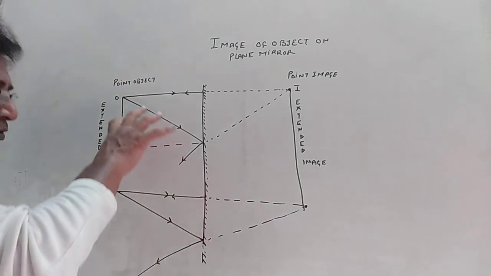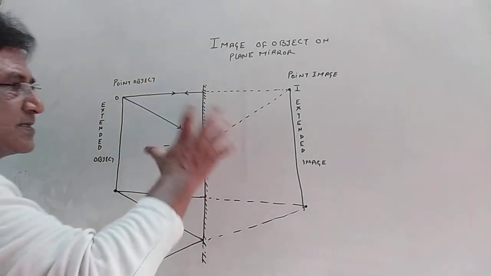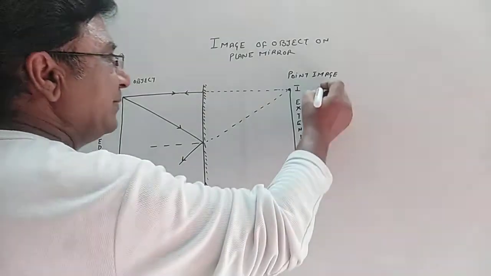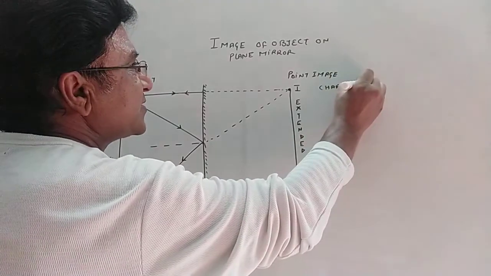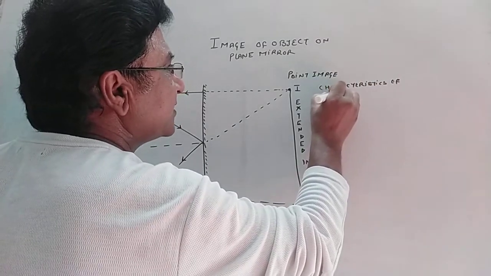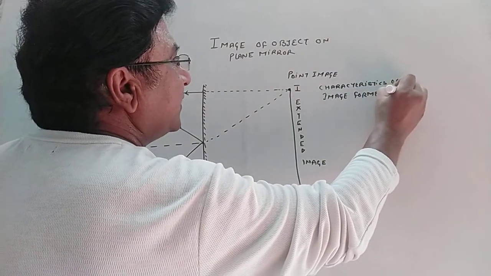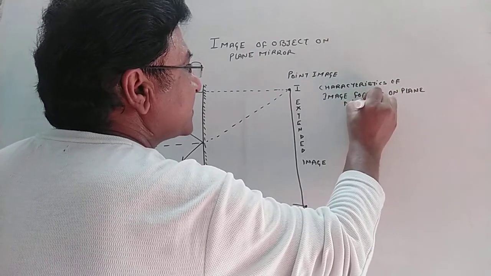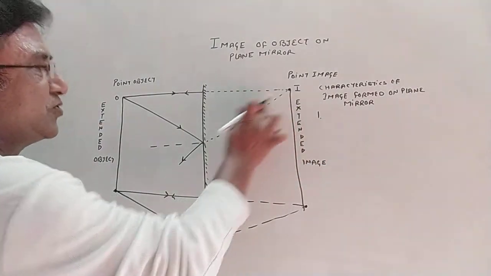Okay. Now, whenever you are standing in front of the plane mirror, it always produces an image, and there are certain characteristics of the image formed on a plane mirror. Sometimes only the characteristics are asked. The first characteristic, as you see, is that it is a virtual image.